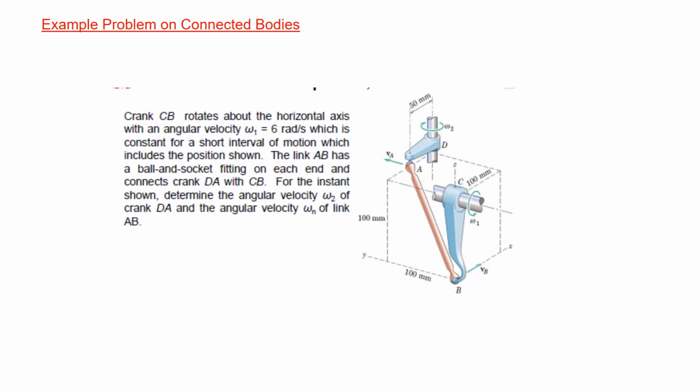So this is completely known to us, but here omega 3 is unknown, which we need to find out. And having this equation, how do we connect B and C? We know how to connect B and C. So the velocity of C is nothing but velocity of B with.